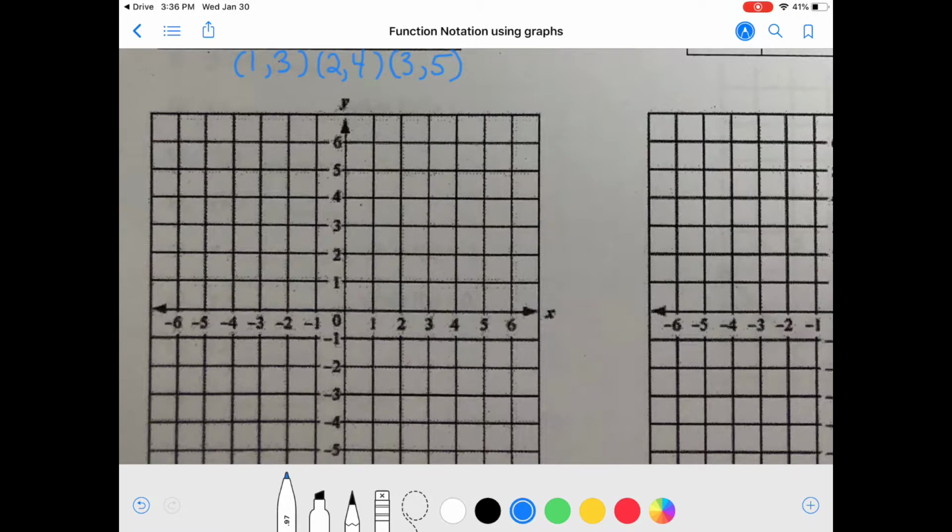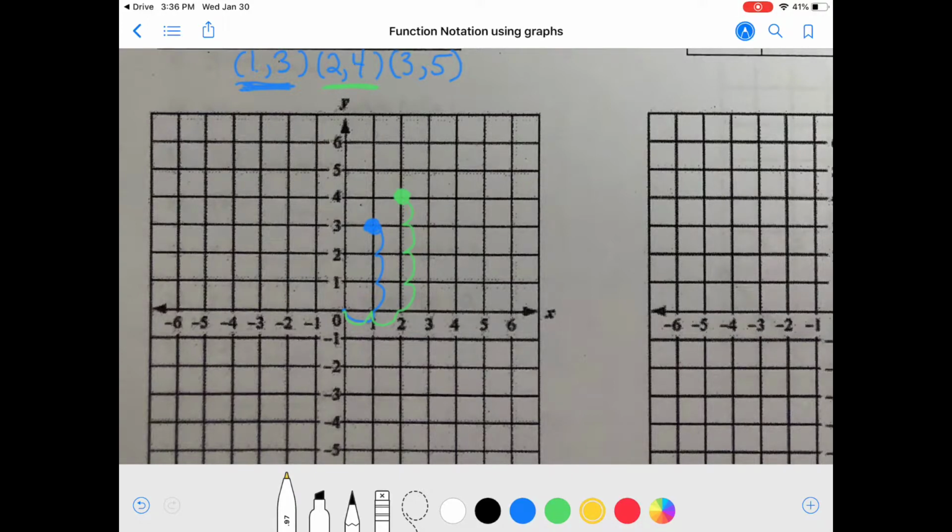So 1, starting at the origin, going over 1, then up 3. So there is my first point. My second point is starting at the origin, going over 1, 2, going up 1, 2, 3, 4. So there is my second point.